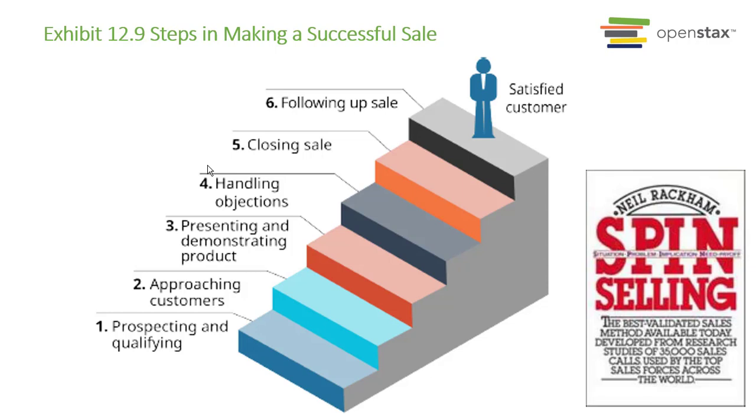So this is pretty straightforward. The steps in a successful sale: the prospecting and qualifying. You don't want to waste your time on the wrong client. Then your approach to customers, which is in itself an art form, because you have to get through the administrative assistants, you have to get through barriers, and then the presentation and the demonstration of the product. Again, which is never about your product.